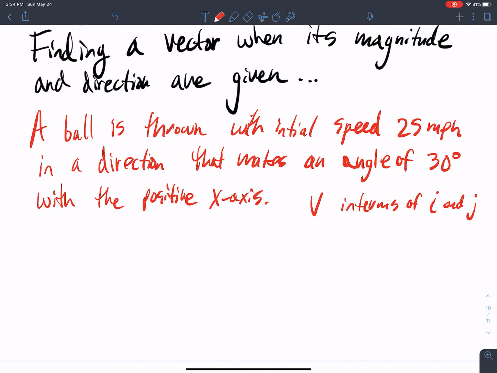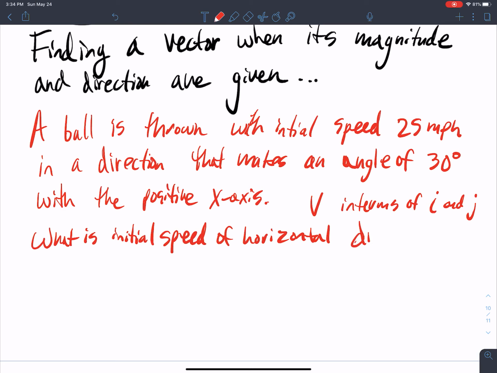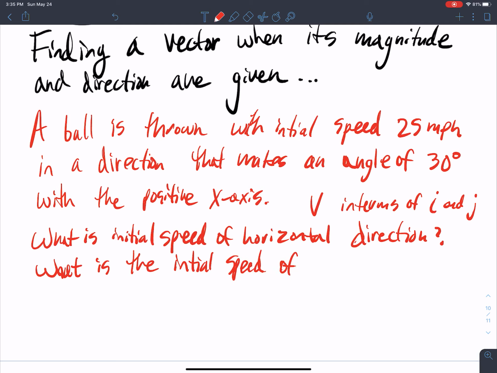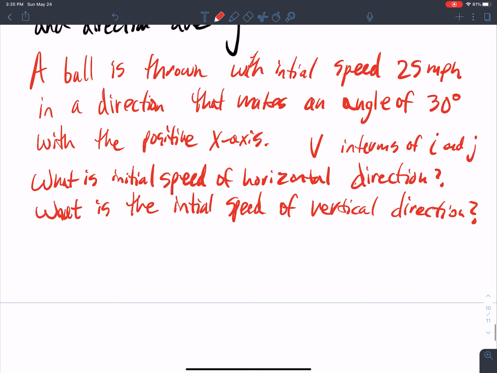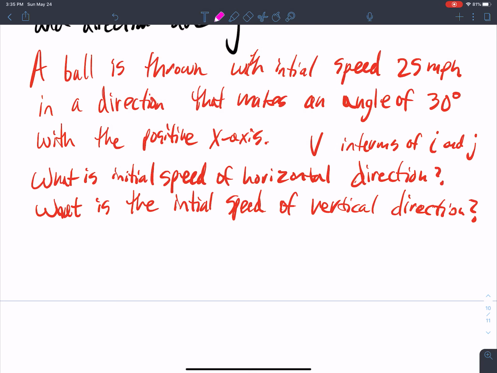What is the initial speed in the horizontal direction? And then what is the initial speed in the vertical direction? Okay. So what's important here? Well, the speed is 25 miles per hour.